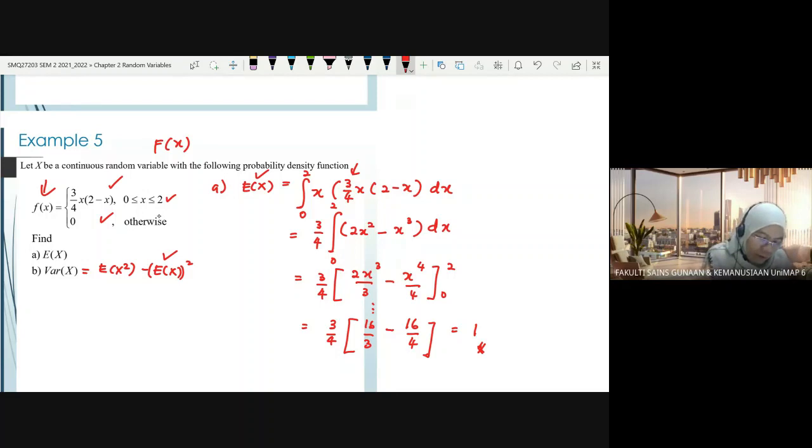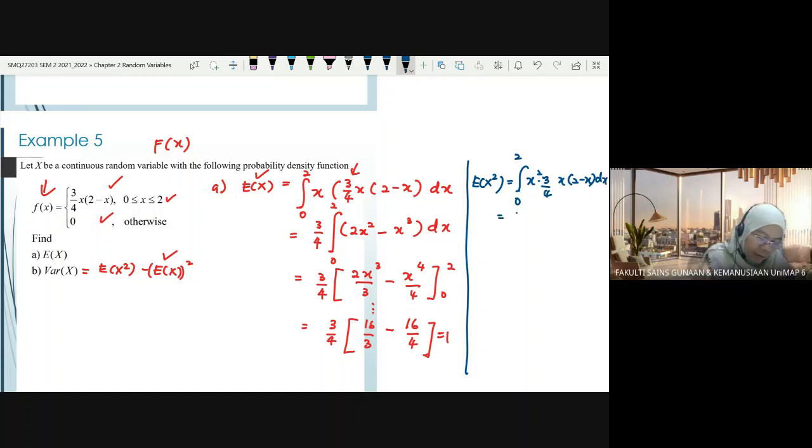So for E(x squared), it will be from 0 until 2, x squared multiplied with 3 over 4 x (2 minus x) with respect to x.